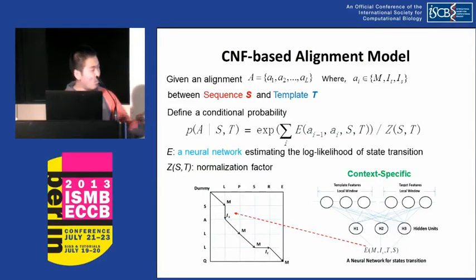We can use a window of size 11 at each aligned position to feed the features to the neural networks. So in summary, CNFpred is a context-specific alignment model which can calculate the alignment probabilities.